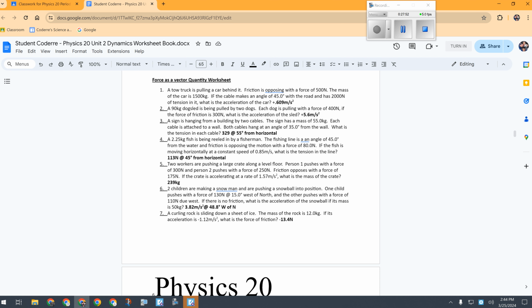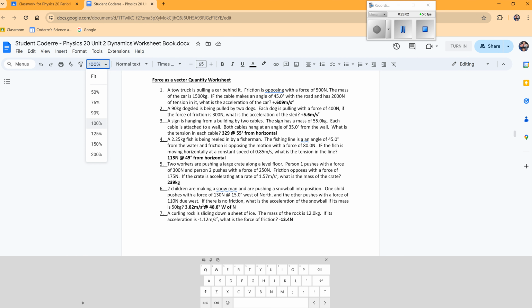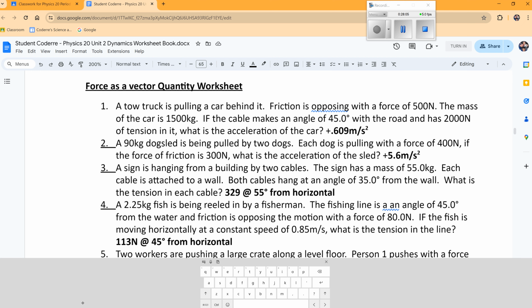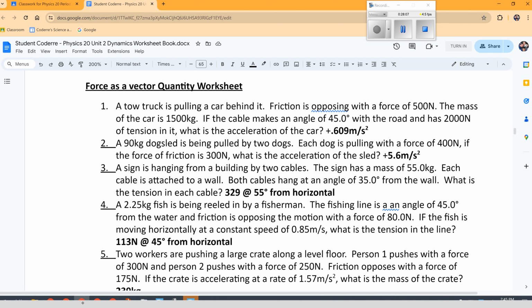Okay, so I would like you to do 1 through 4 for right now on that sheet. They all have a vector part to them. Either it's finding vector components or doing a little vector addition, and they're also Newton's second law questions.